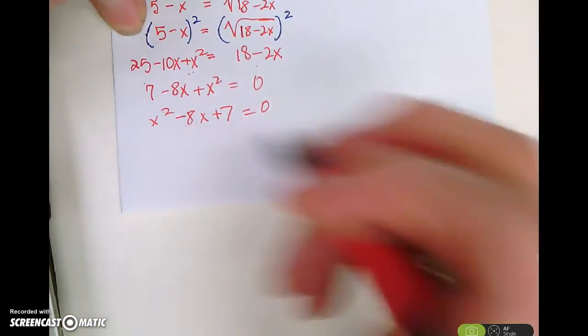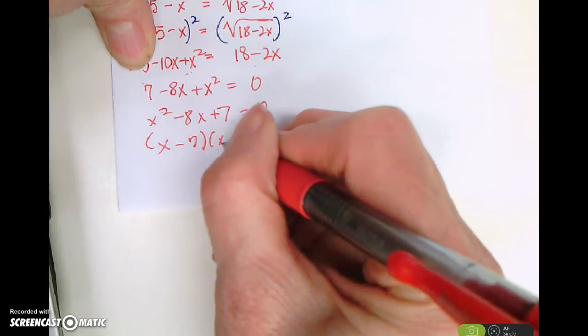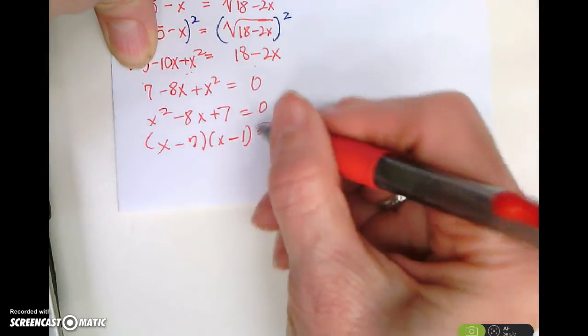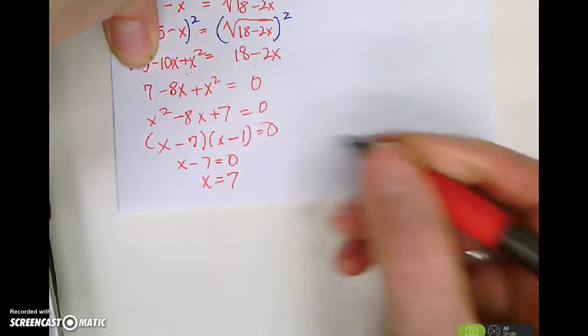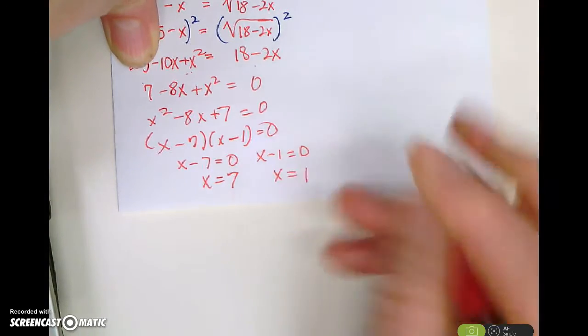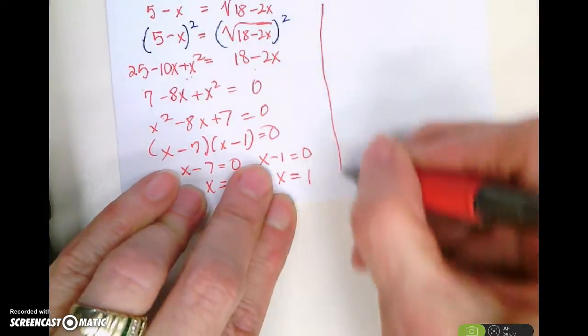Factor it with the AC method. So x minus 7, x minus 1 multiplies to be 7, adds to be negative 8. So that means that x minus 7 is 0, so x is 7, and x minus 1 is 0, so x is 1.